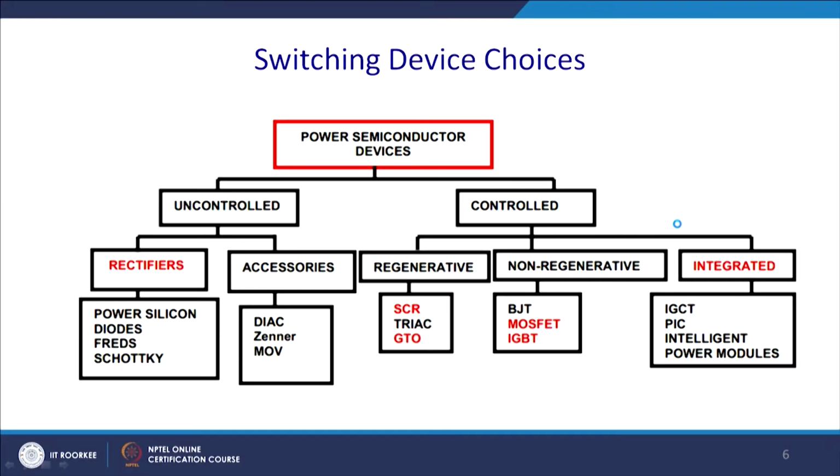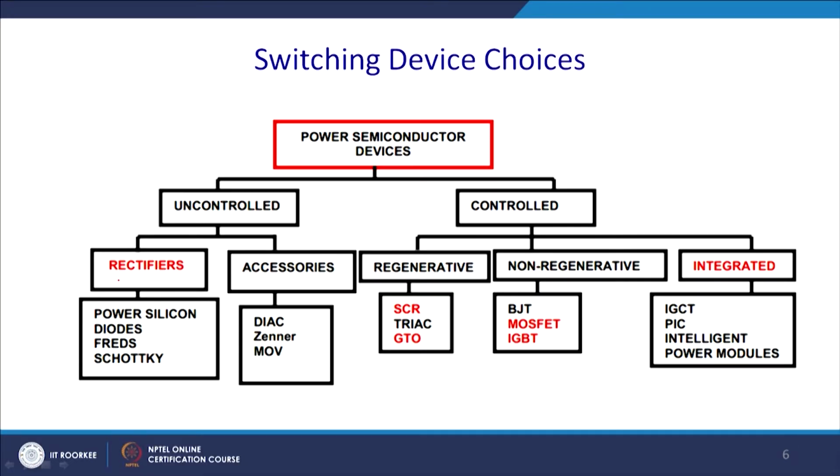So, from this discussion we can come to the switching device choices. One is the semiconductor device, which can be uncontrolled or controlled.